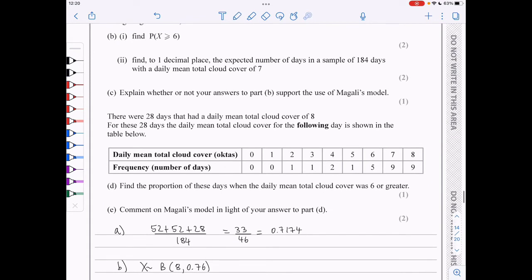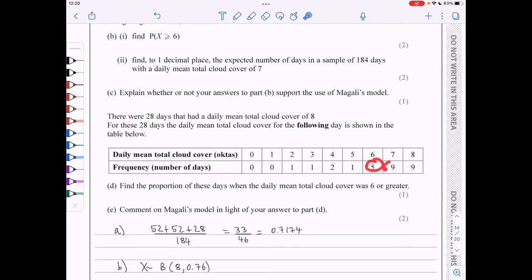Now we had 28 days with a daily mean total cloud cover of 8, and this is the data for the following day. So what was the daily mean total cloud cover for the following day? Find the proportion of these days with the daily mean total cloud cover being 6 or greater.